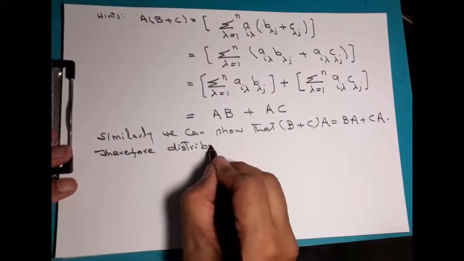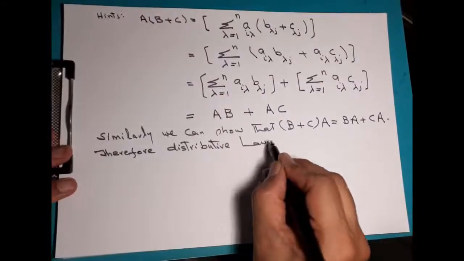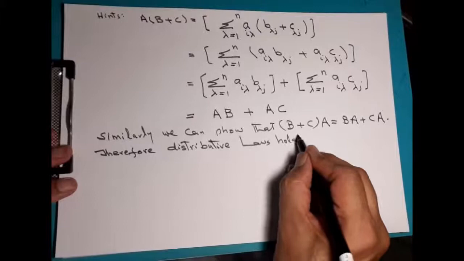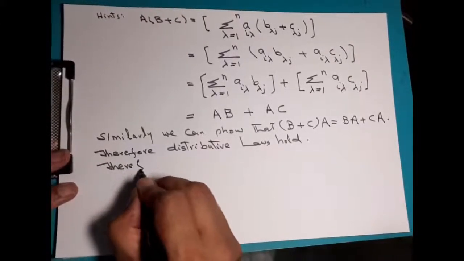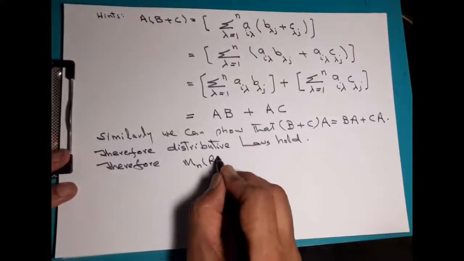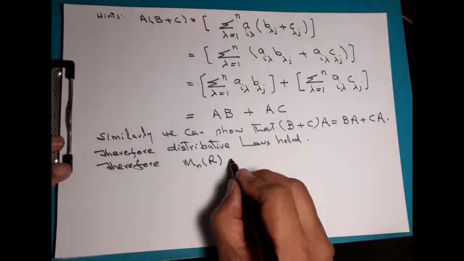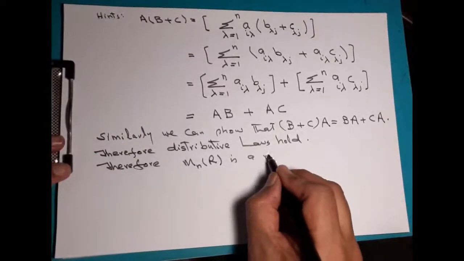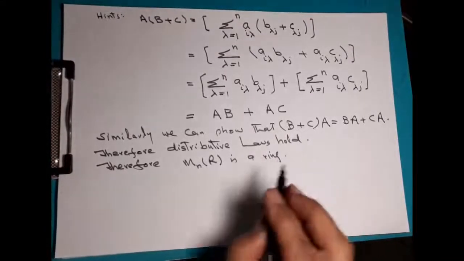And therefore, MNR, that is the set of square matrices of order n by n with entries from the ring R, is a ring. So far we have established that this is a ring.